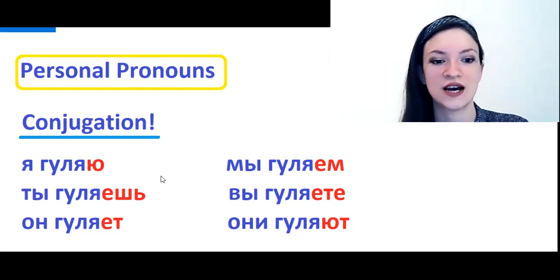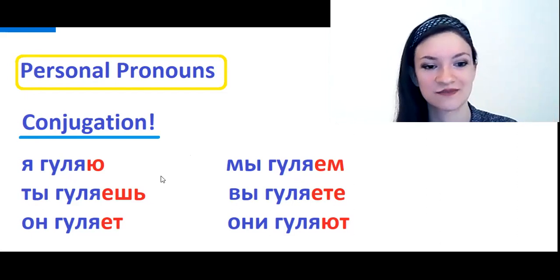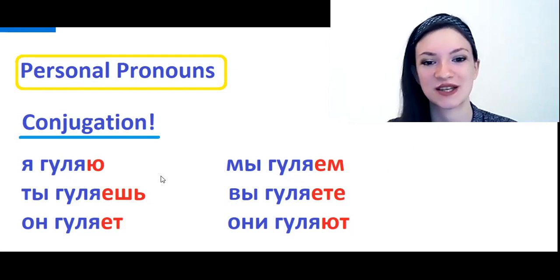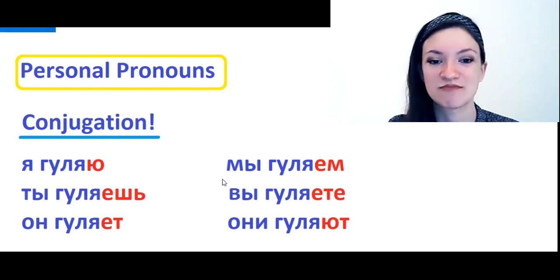Он гуляет. He walks. We use the same form for она. Она гуляет. She walks. Мы гуляем. We walk. This form is quite easy to remember because it starts and finishes with M. So look here, please.